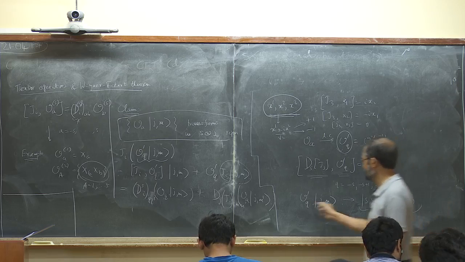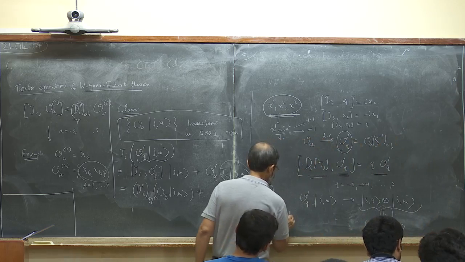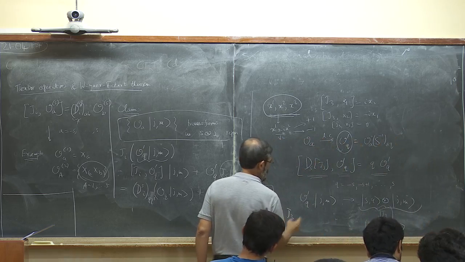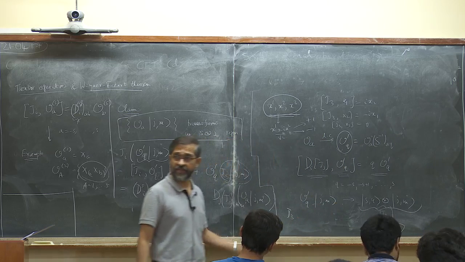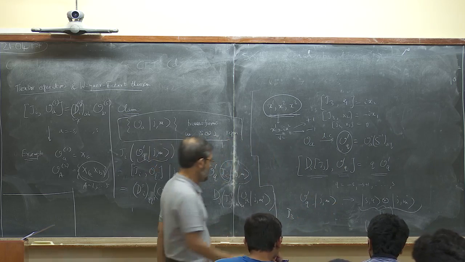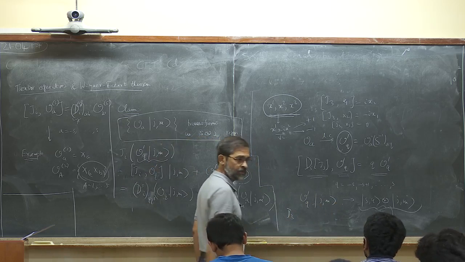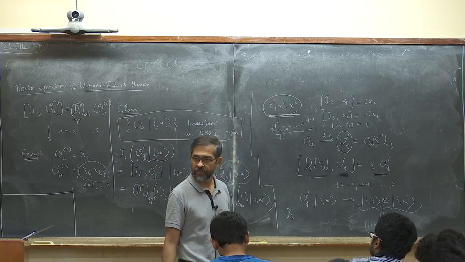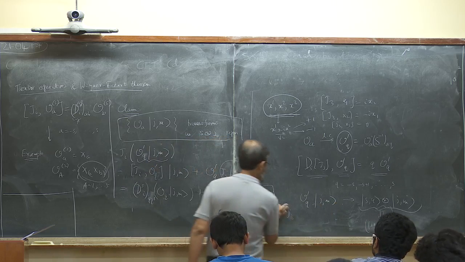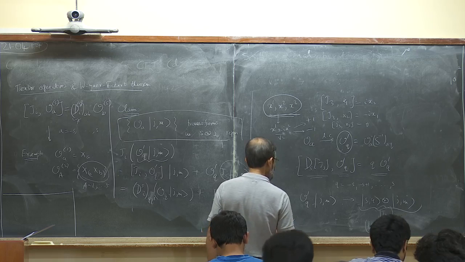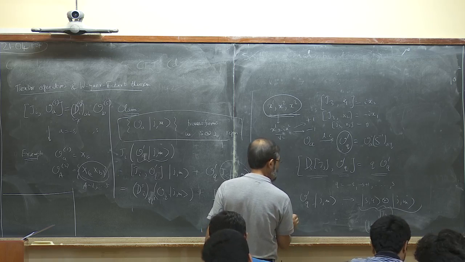How about here? So J3 acting on this, I can write the commutator plus the other way around. When I write the commutator, that will be just Q. So let me do it in at least one step.